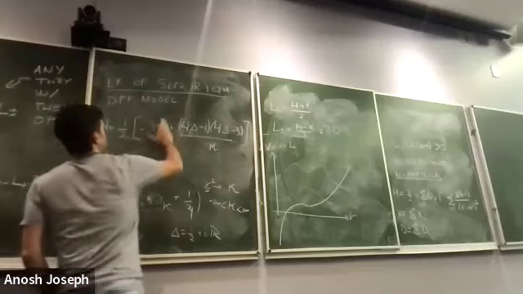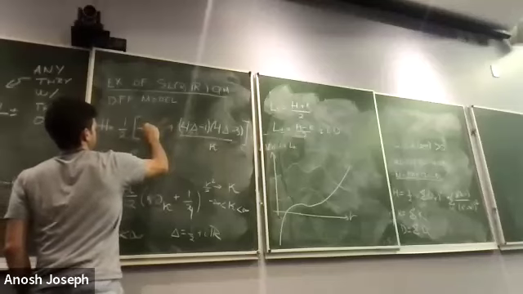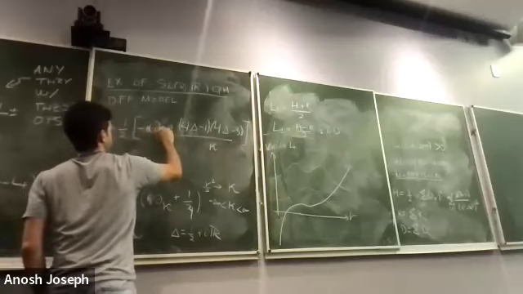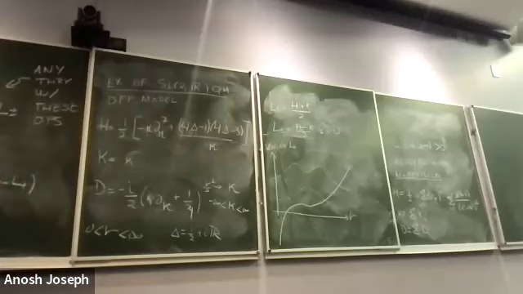And there's another thing I need to do: the kinetic term actually becomes something like this, kappa d kappa squared. No cutoff anymore.